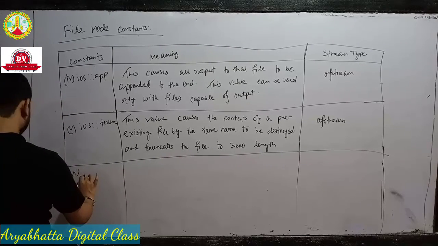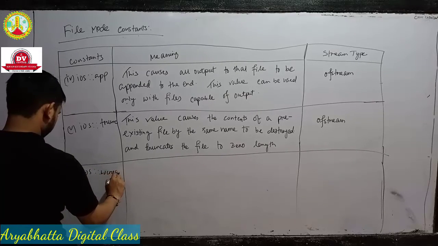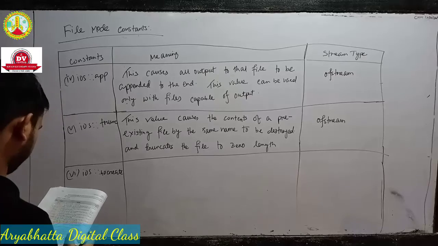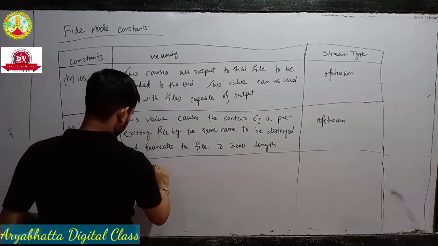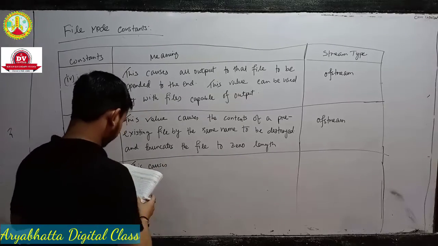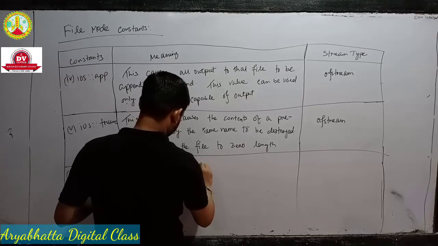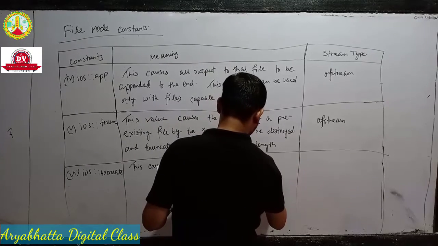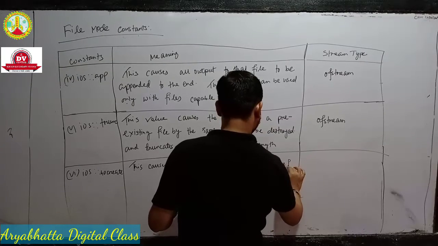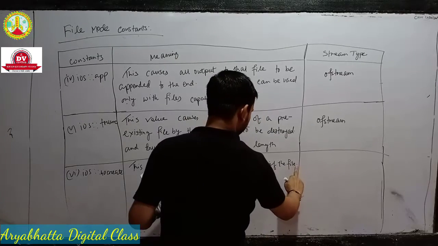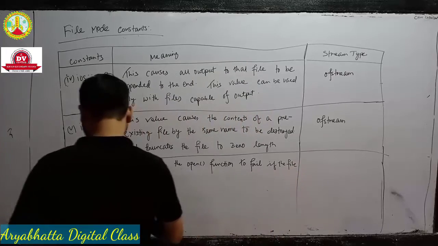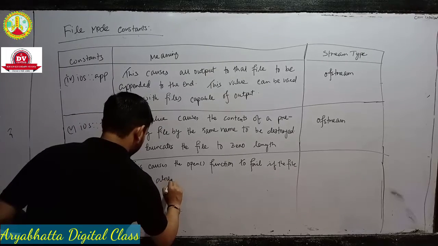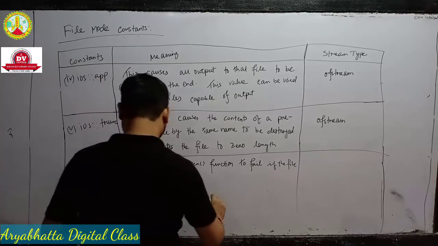And next, sixth, is ios::nocreate. This causes the open function to fail if the file does not already exist.